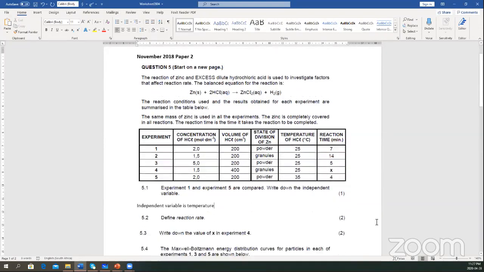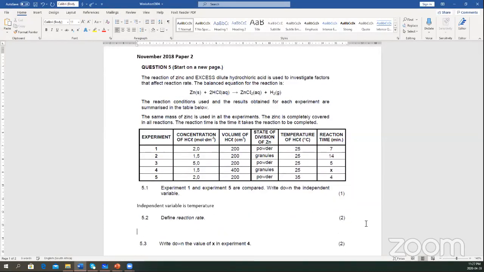Okay, then they're asking us to define the reaction rate. So the reaction rate would be, how many of you paid attention on the first slide? It is the change in concentration of the products or reactants per unit time.